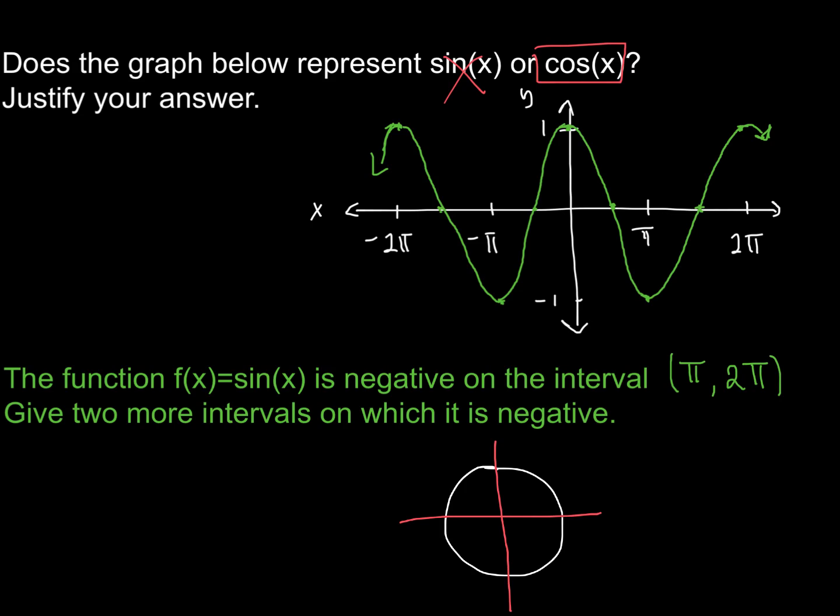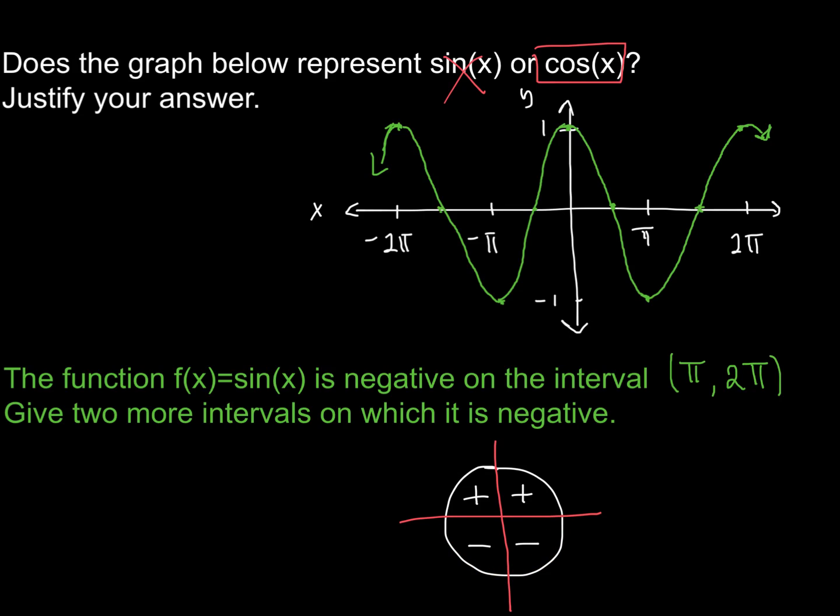Sine is the y value, and so all the y values above the x-axis are positive, and below the x-axis, the y values are negative. So if I'm rotating around, here I've rotated pi radians. Sure enough, between pi and 2 pi, they're negative.